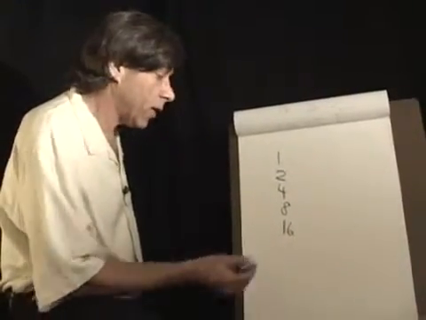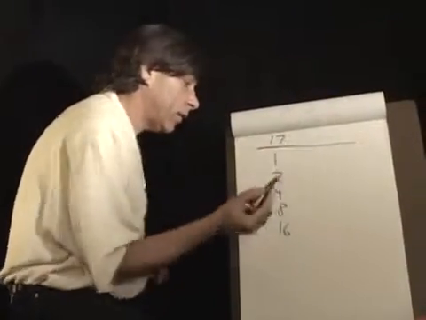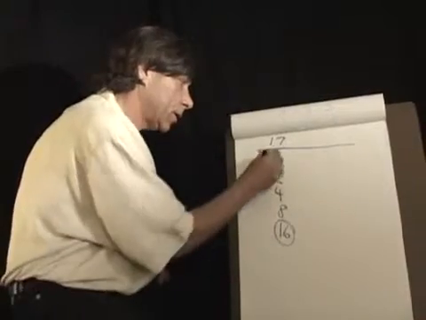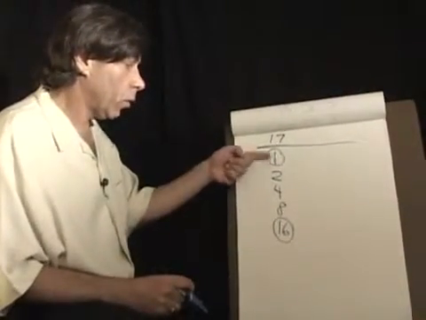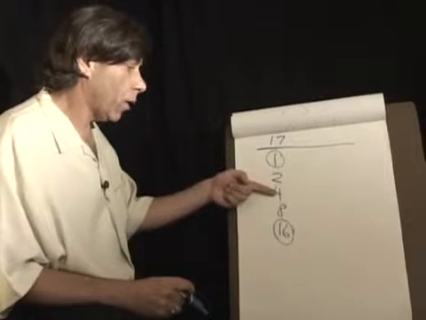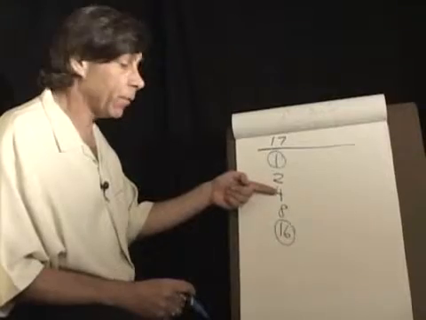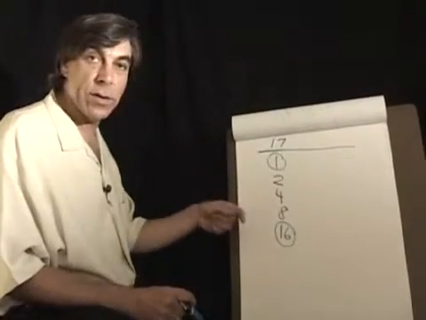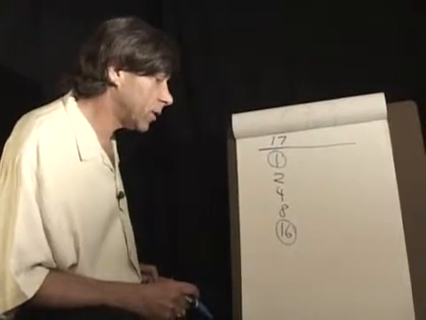And any number can be represented by the sum of these. For example, the number 17 is 16 plus 1. I can count 1, 2, 1 plus 2 make 3, 4, 1 plus 4 make 5, 2 plus 4 make 6, 1 plus 2 plus 4 makes 7, 8, and so forth. And so any number can be represented by the sum of elements of this sequence.